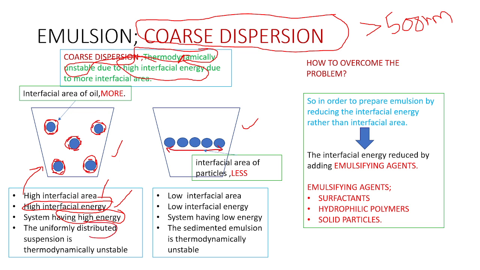So the uniformly distributed emulsion, not suspension, is thermodynamically unstable. Why? Because of high interfacial area, it has high interfacial energy, and because of high interfacial energy, the uniformly distributed emulsion is thermodynamically unstable in nature.